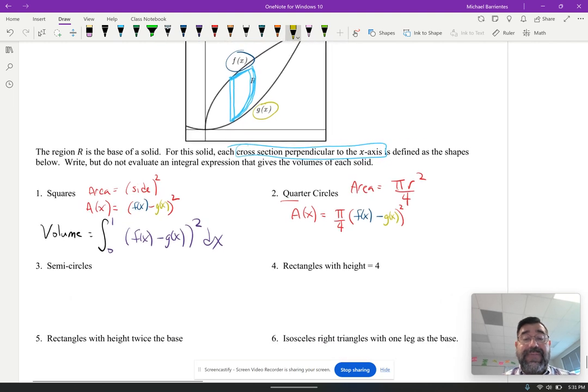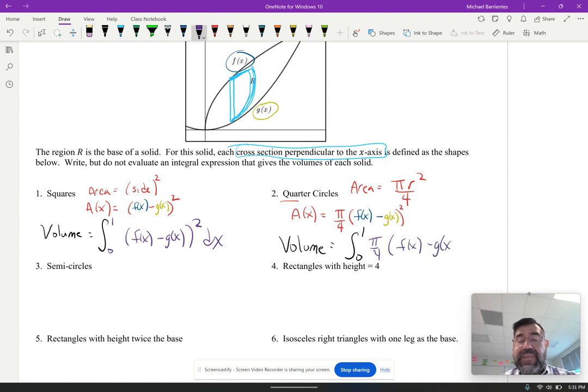So if I want to find the volume of this three-dimensional object, that's the integral from 0 to 1 of pi over 4 times f of x minus g of x, which is the radius, squared, dx. Don't forget the dx.